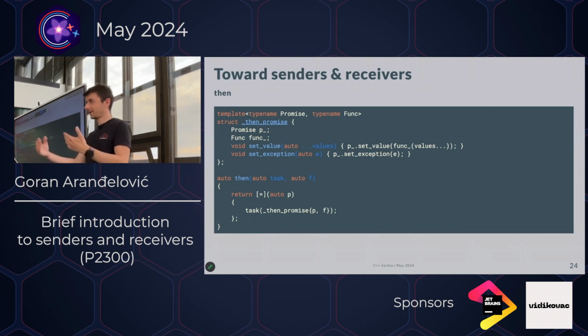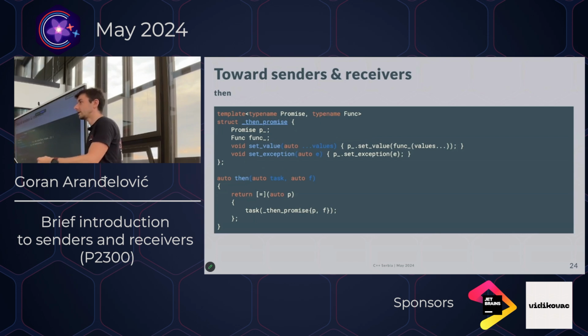So let's go back. If you wrap your head around this, we now get a function, a lambda, when we return from then, and we are able to pass a promise. And you see what we are doing with it?